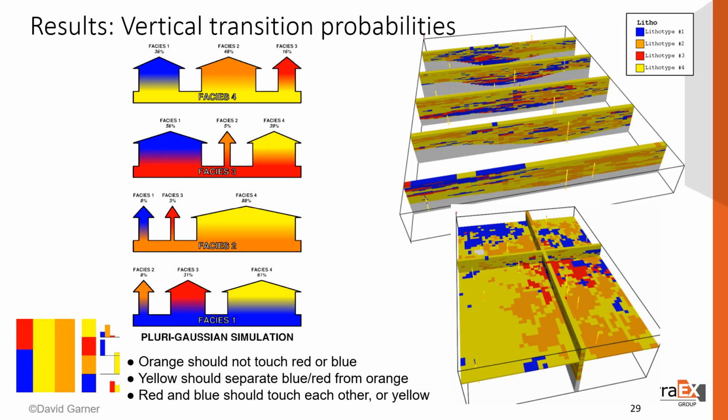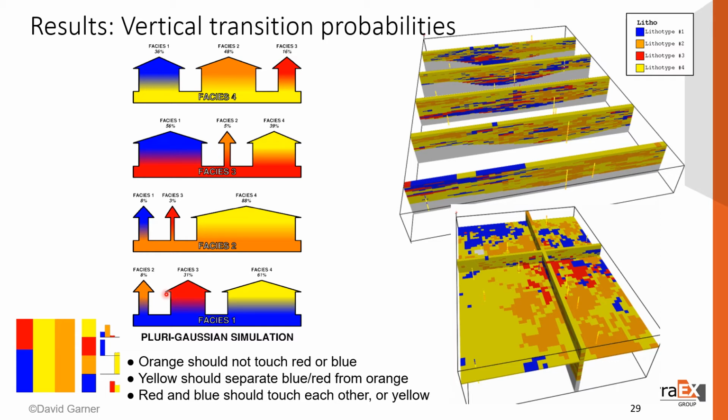The transitions, if we check them at the end, this diagram shows us the proportion of transitions in the 3D model. We go from blue to yellow, blue to red, quite a lot, and then some of the orange over here.